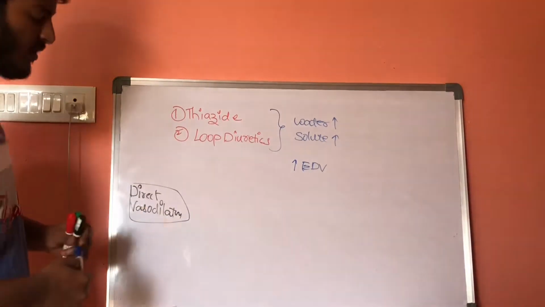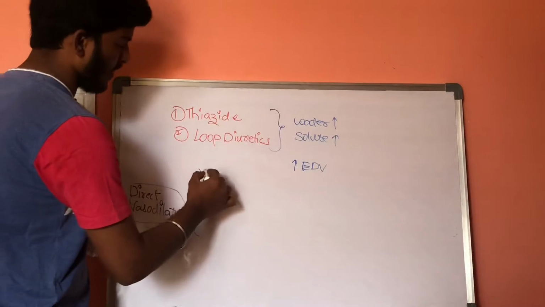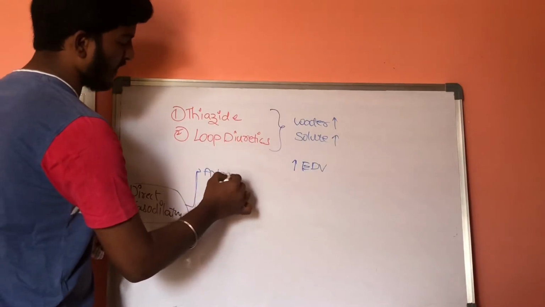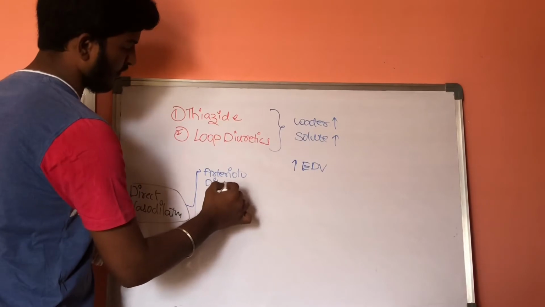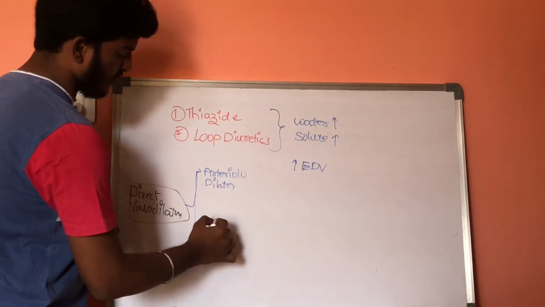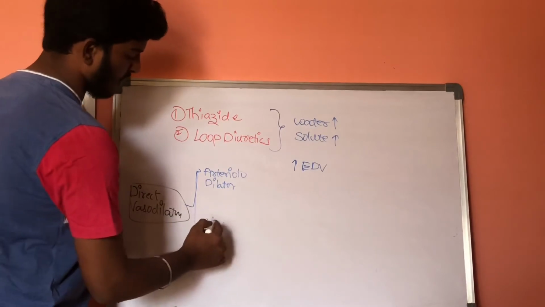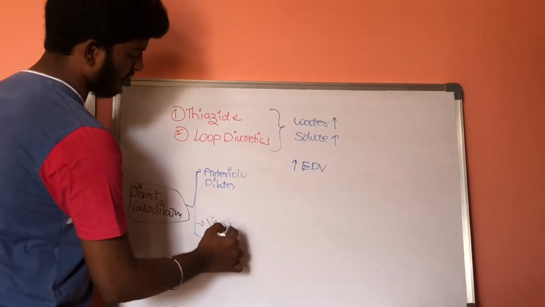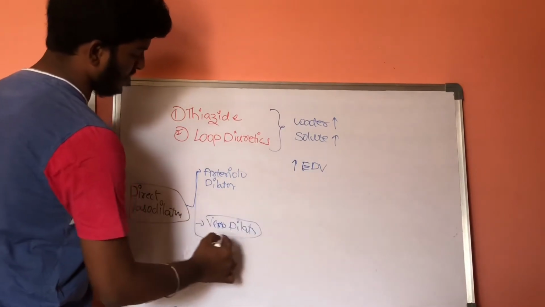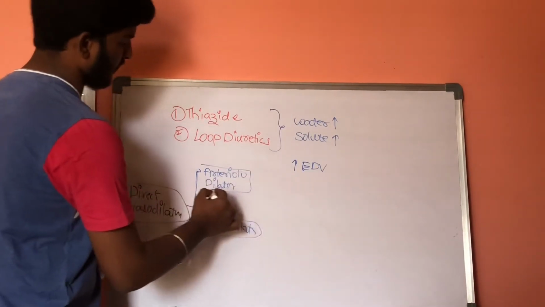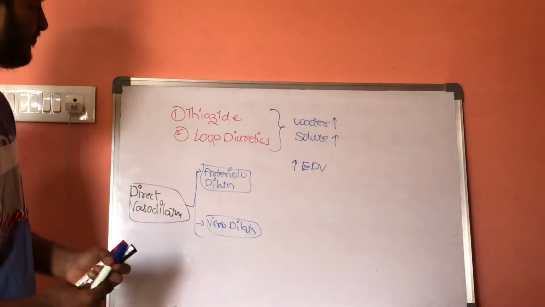There are two types of vasodilators, that are arteriolodilator and the other one is venodilator. Arteriodilator and venodilator.